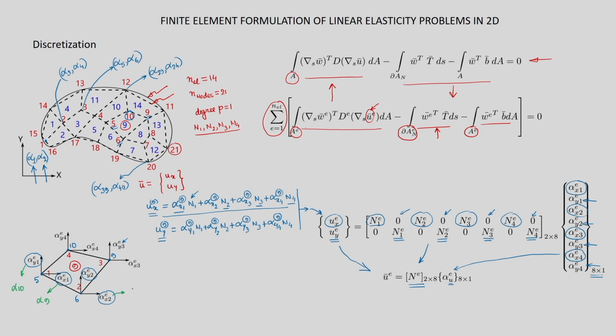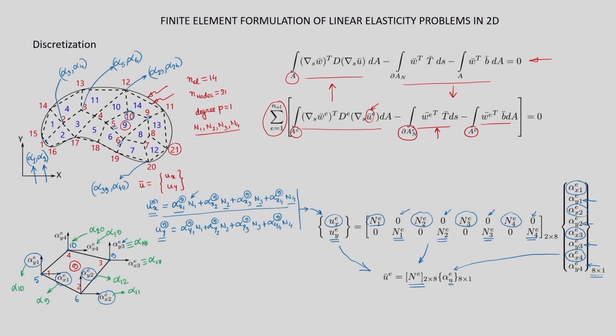Similarly, alpha x2, because the global node number is 6, x2 will be 11 and y2 will be 12. Similarly, for node 3, because this is global node number 9, this will be alpha 17 and this will be alpha 18, and finally the x and y components are alpha 19 and alpha 20.